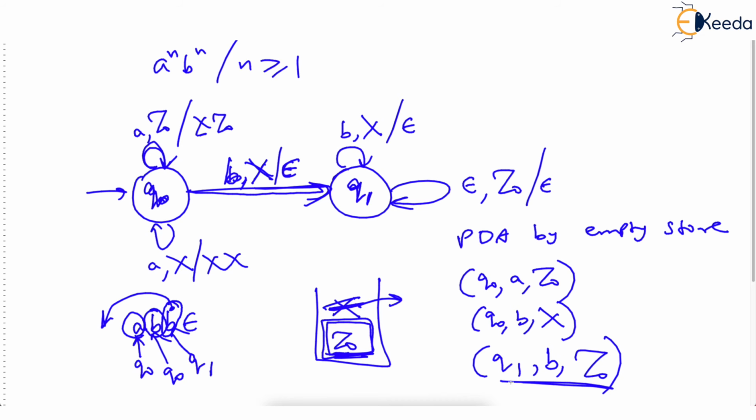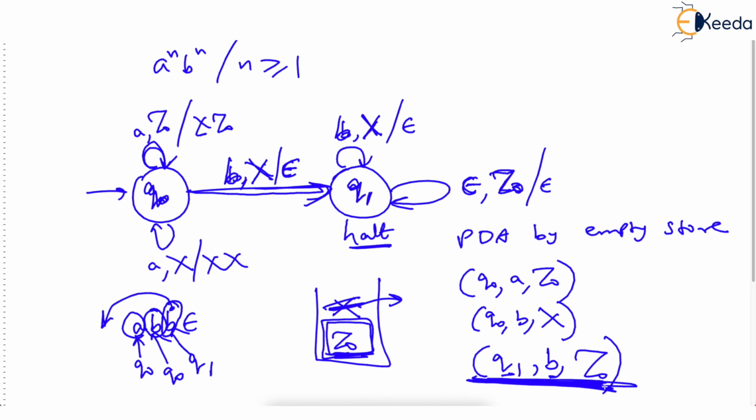So do you have any such transition? You just watch. In Q1, while reading B, the top should be Z0. You don't have that. You have B comma X. You don't have B comma Z0. Or you have epsilon comma Z0. You don't have B comma Z0. So the machine will halt in this state. Correct? The machine halts because it doesn't know what action to take.